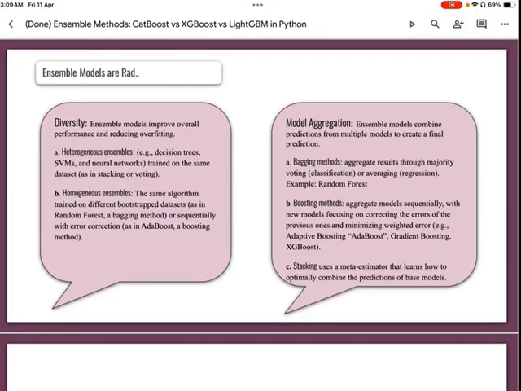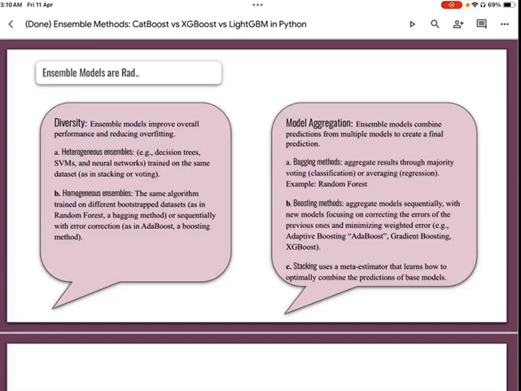Boosting methods aggregate models sequentially, with new models focusing on correcting the errors of the previous ones and minimizing weighted error, whether it's adaptive boosting, AdaBoost, or gradient boosting as in XGBoost.